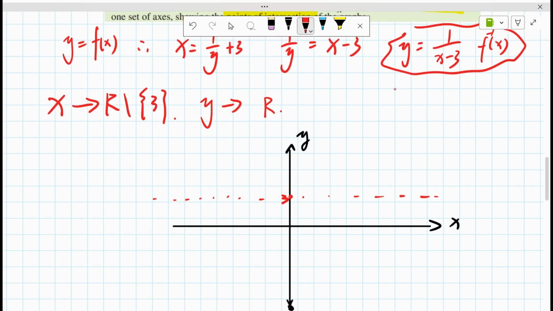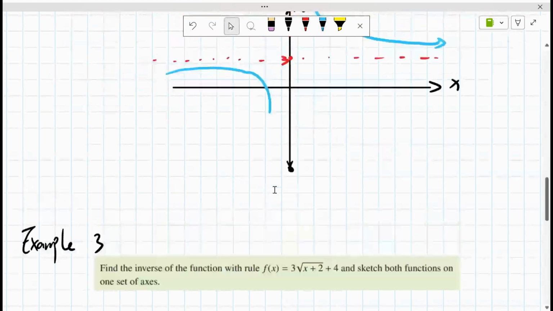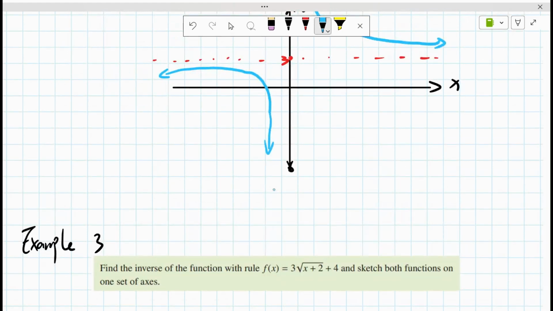The graph looks like this, and this one like that, and keep going. That's y equals f(x).